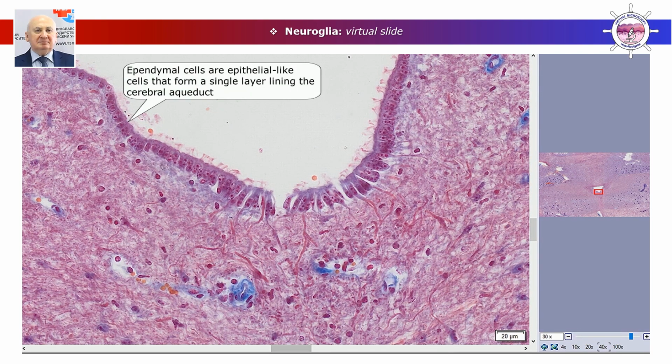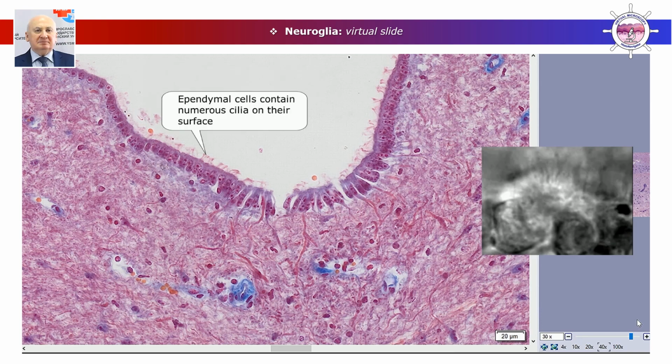Ependymal cells are epithelial-like cells that form a single layer lining the cerebral aqueduct. Ependymal cells contain numerous cilia on their surface, and their beats facilitate the transport of cerebrospinal fluid through the cerebral ventricular system.